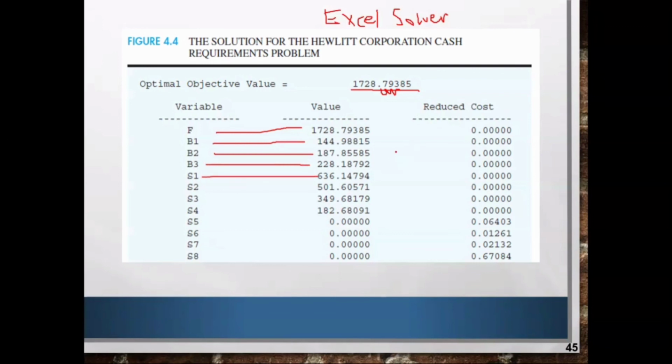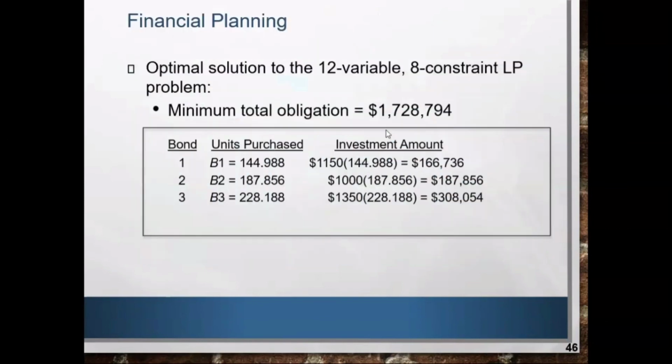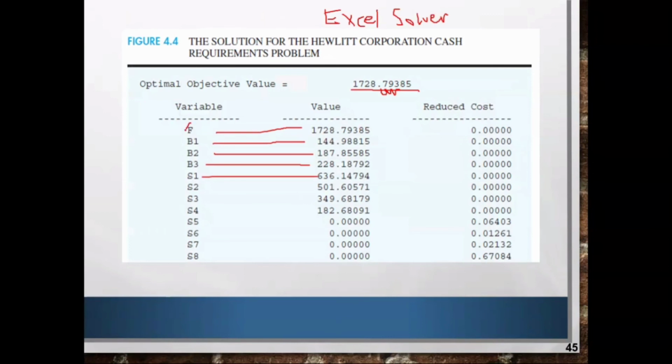All of these were calculated in Excel Solver. So the optimal solution to the 12 variable, 8 constraint linear programming problem is a minimum total obligation of 1,728,794. Familiar, right? We got this earlier.